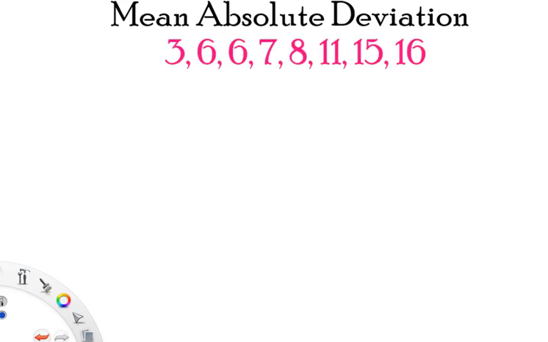So here's this data set: 3, 6, 6, 7, 8, 11, 15, 16. Well, to find the mean absolute deviation, the first thing we need to do is find the mean of the data set.